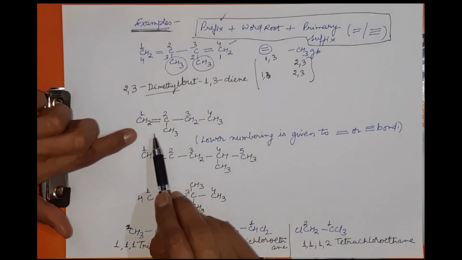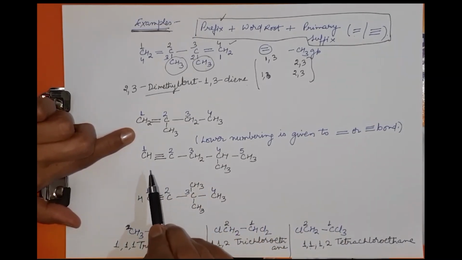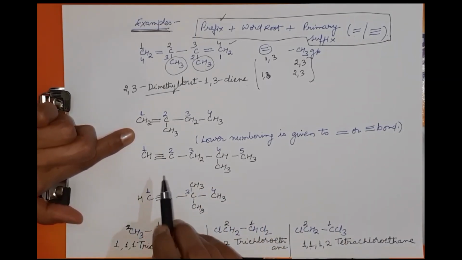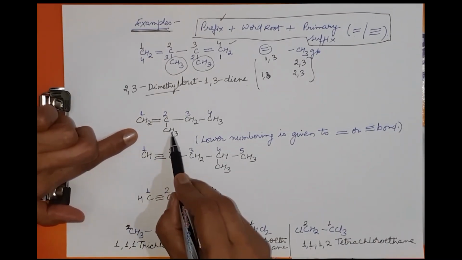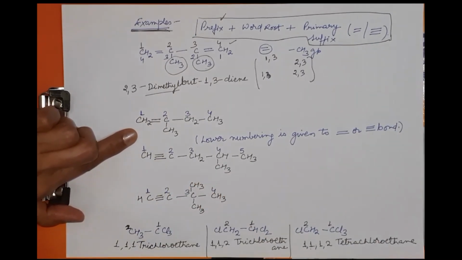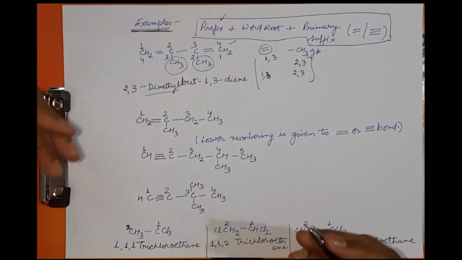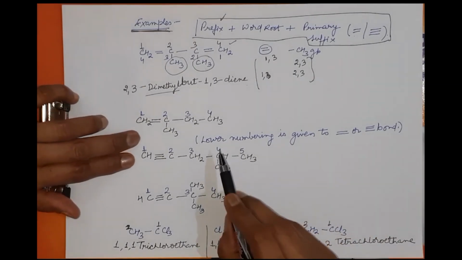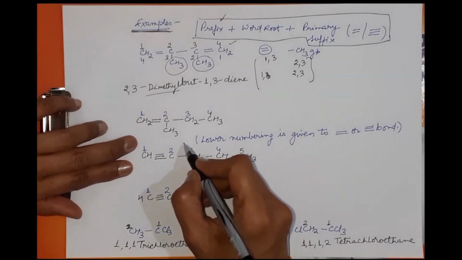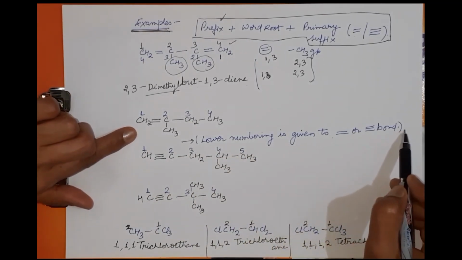Next example is this. Here while numbering, there is one more rule, because in this compound a double bond and a substituent are both there. To whom should we give the priority, the double bond or the substituent or side chain? According to this rule, lower numbering is given to the double or triple bond.